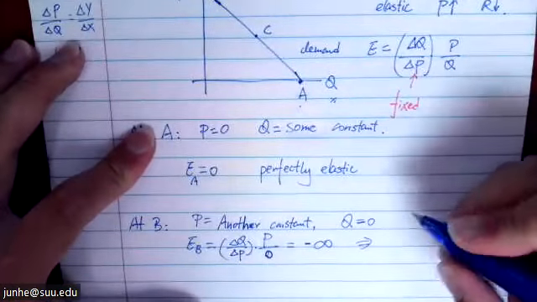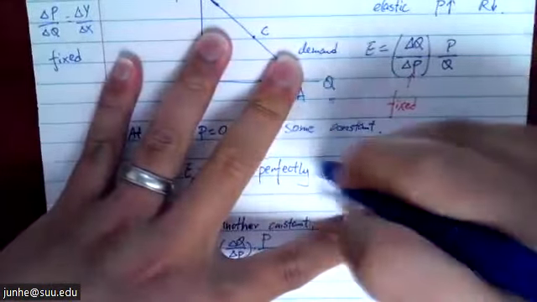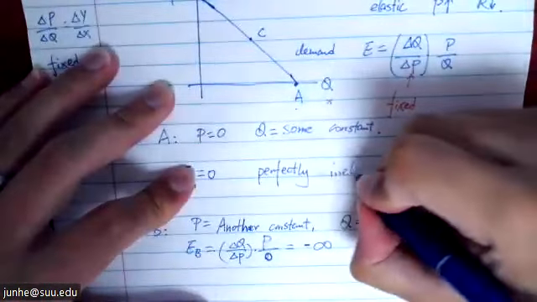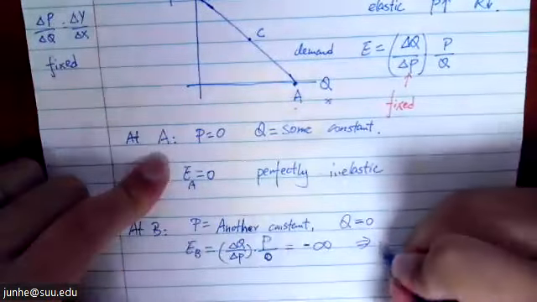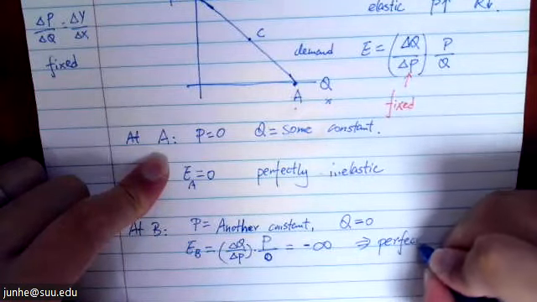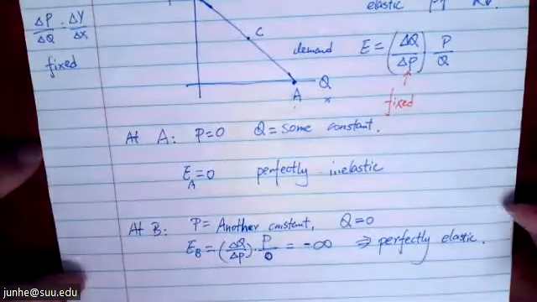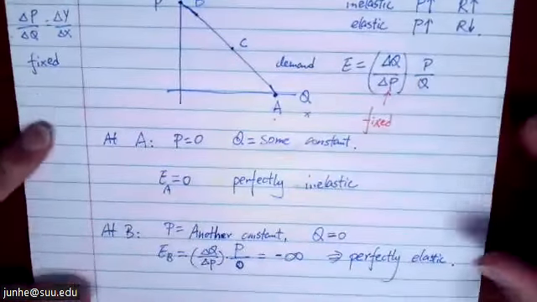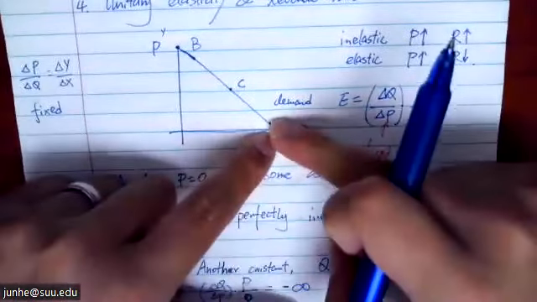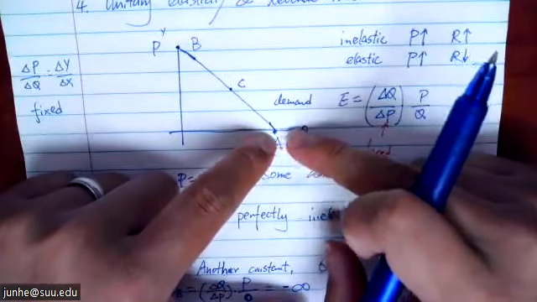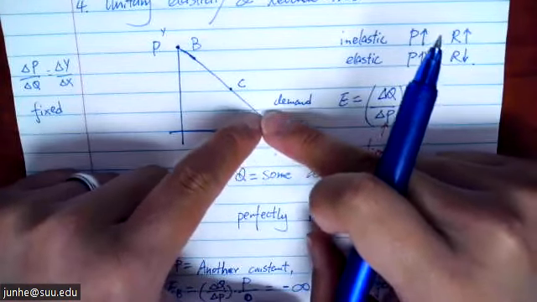Sorry, previously it was perfectly inelastic, and here with infinite elasticity, it is perfectly elastic. So at A, it is perfectly inelastic. That means as you're increasing your price, revenue should increase.